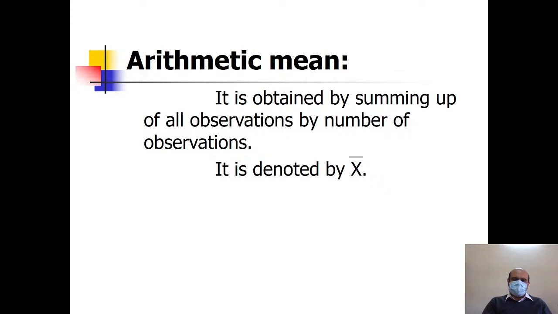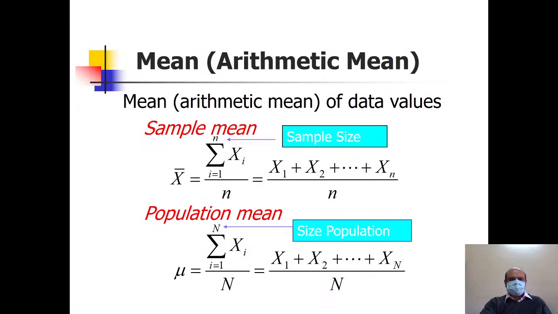Each value you have to add up and divide it by 10, because you have 10 patients. So summing up all the values of the reading divided by the number of people or number of participants or number of patients in the data, it is denoted by x bar.